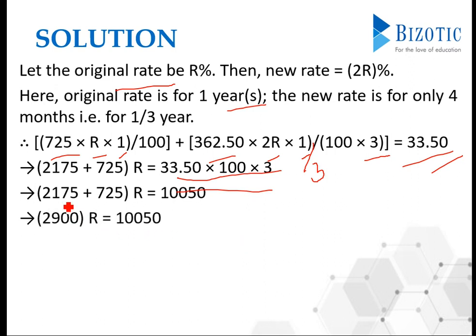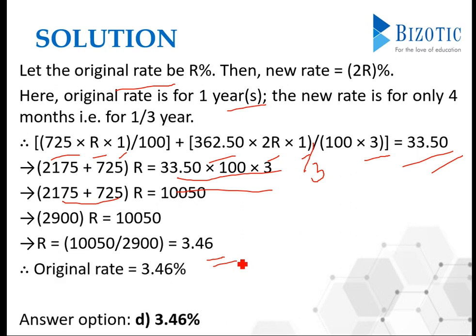Next 2900 will be the sum of both of these, is equal to 10,050. Now R is equal to 10,050 divided by 2,900, which is equal to 3.46. So 3.46 will be the original rate of interest. So your answer will be option D, 3.46%.